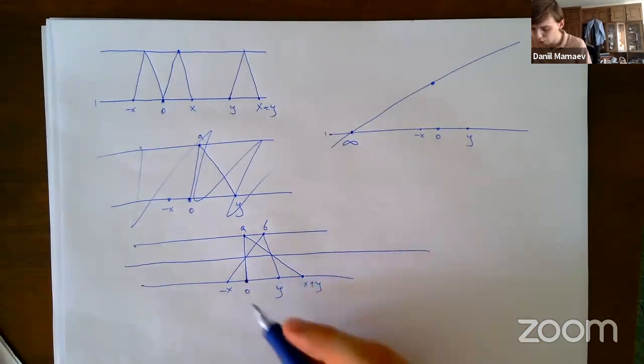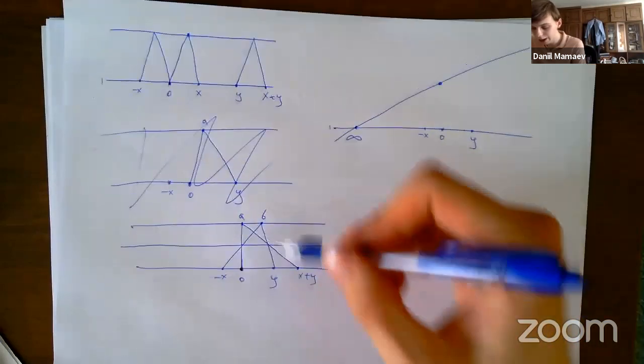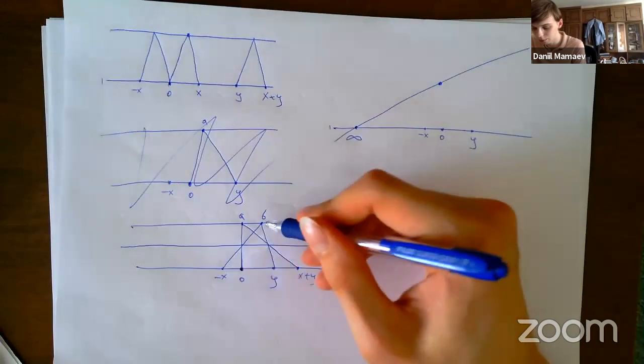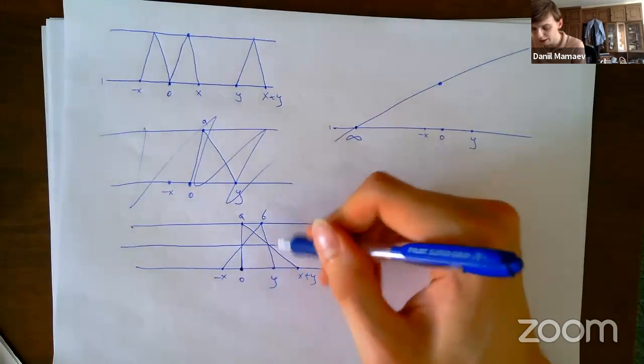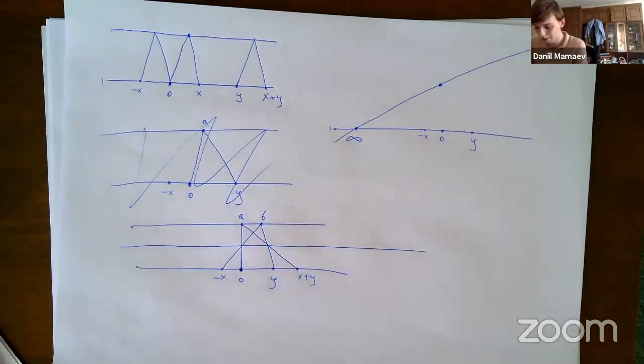Suppose from 0, y, and minus x, you want to get x plus y. How can you do this? Well, first you choose a point B and draw segments minus x B and B y. Then you draw a parallel line.